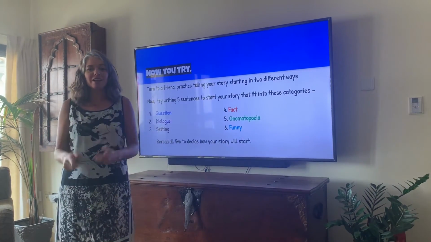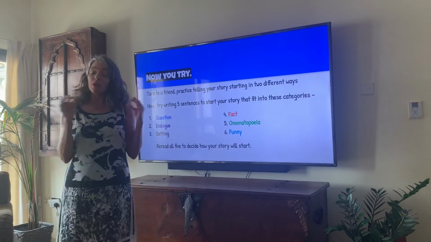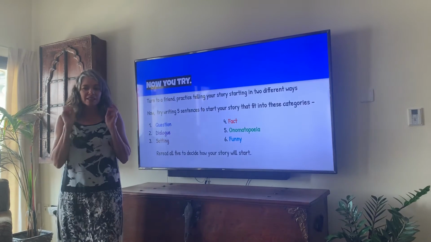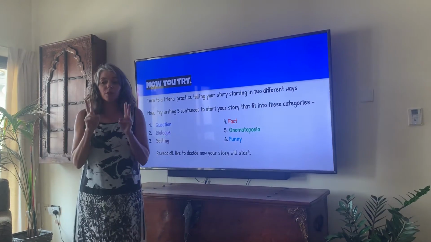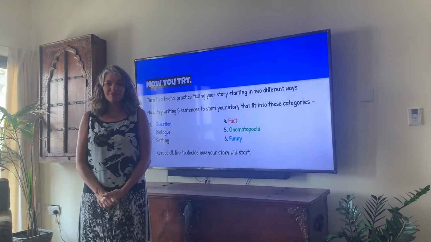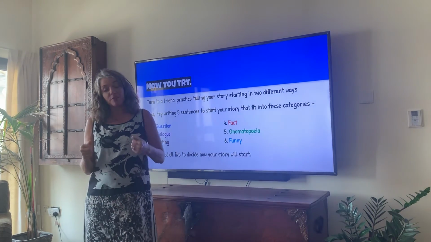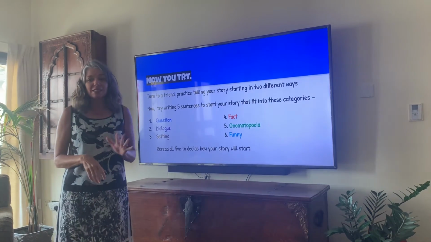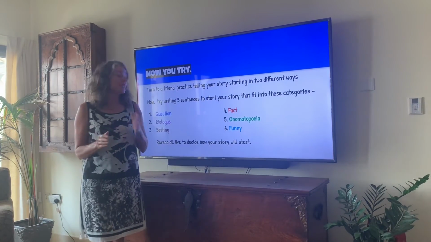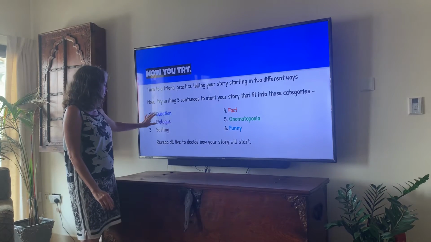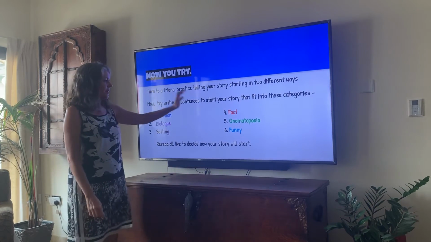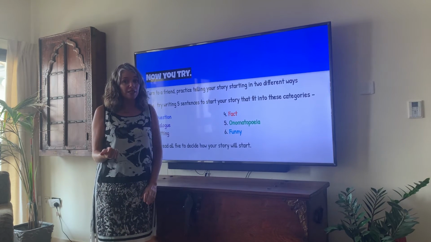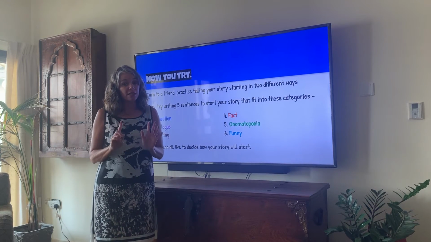Now you try. Turn to a friend, or I'll put you in a Zoom group. Practice telling the starting of your story in 2 different ways. And then they come back from Zoom groups. Now, try writing 5 sentences to start your story that fit into these categories: question, dialogue, setting, fact, onomatopoeia, and funny. Did you see what I did? I only asked for 5, not 6.